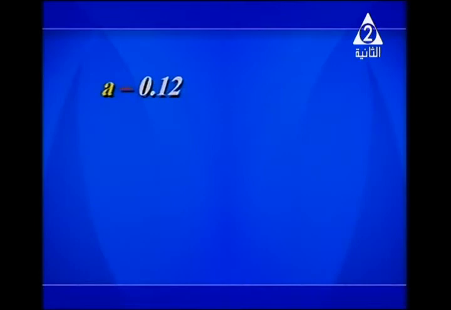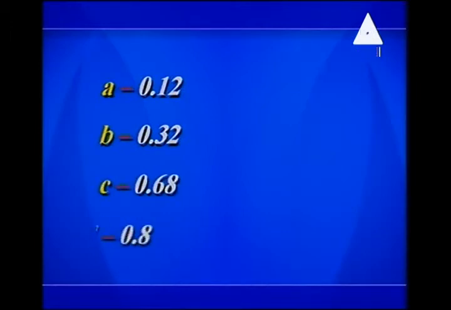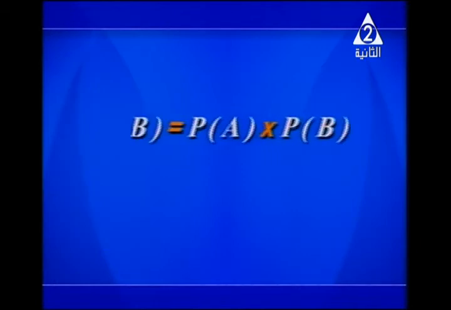Multiple choice: number A 0.12, B 0.32, C 0.68, D 0.8. What is the correct answer? 0.68. Why? Look at the solution.